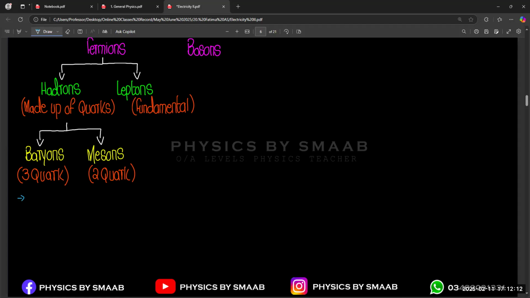So the first name is proton. Basically, proton is made up of three quarks, and it is in the category of hadrons. Secondly, neutron. Neutron is also in the same category of baryons.